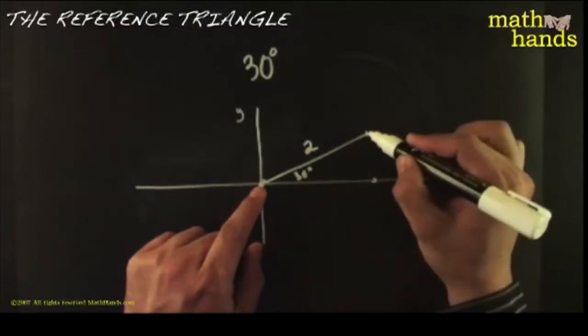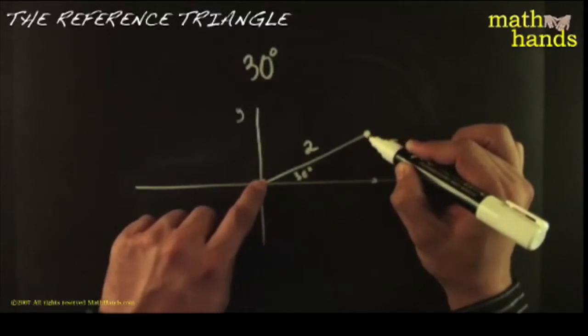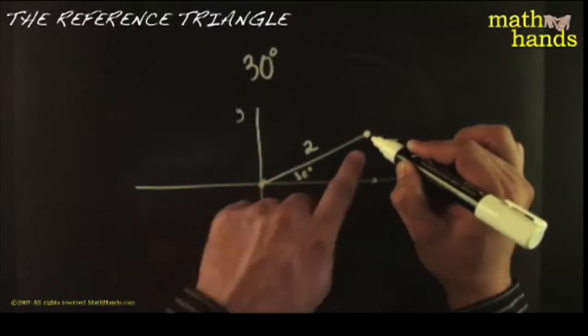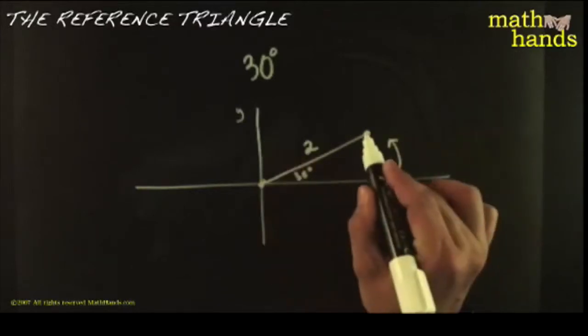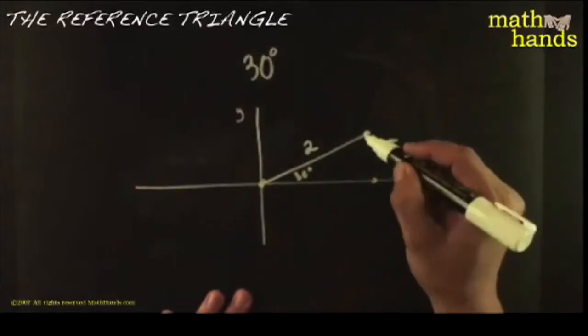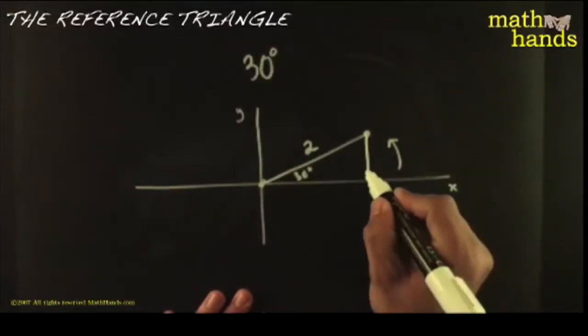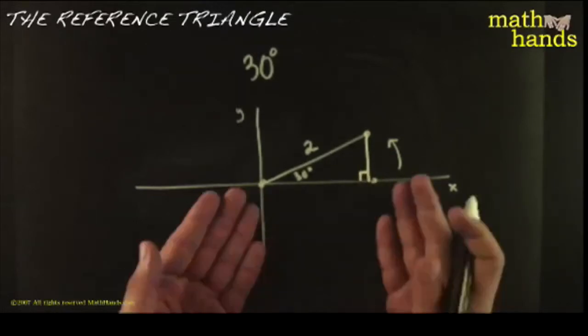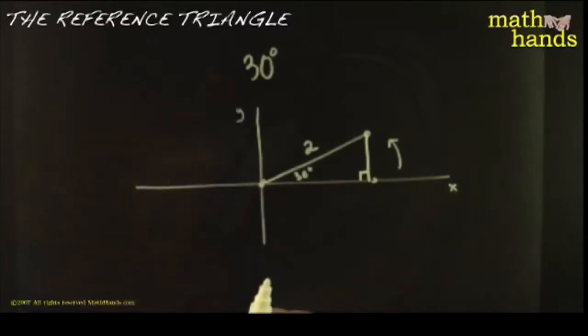Once you're done drawing the segment, you keep one of the ends on the origin, and from the other end you draw a perpendicular towards the x-axis. Here's one choice, here's the other choice. That would be towards the y. We never ever do that. We always go towards the x-axis. So from here, draw a perpendicular to the x-axis, and that right there is a reference triangle for 30 degrees.